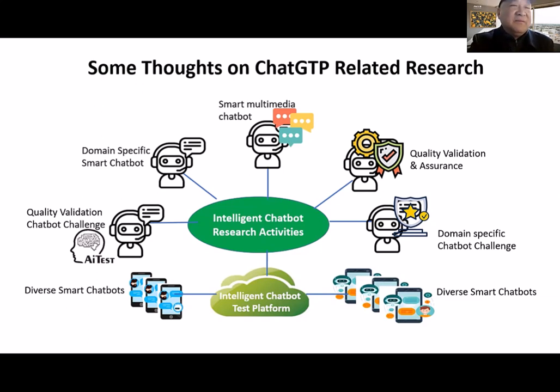Besides, some people maybe already know, I have been working on AI testing automation for a long time, and since 2019, we set up the AI Test conference for IEEE. So this year is the fifth year now. And chatbot happened to be one of the targets that need quality assessment, especially when you try to use it in real life.